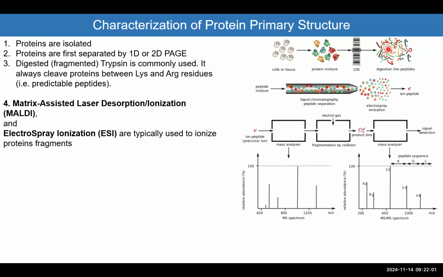And again, here you are fragmenting the proteins into peptides. For that, we use the enzyme trypsin because it's known where it cuts and it generates peptides that are relatively short so that we can detect them. And then we could use mass spectrometry, the most used being MALDI, which is based on matrix-assisted laser desorption ionization.